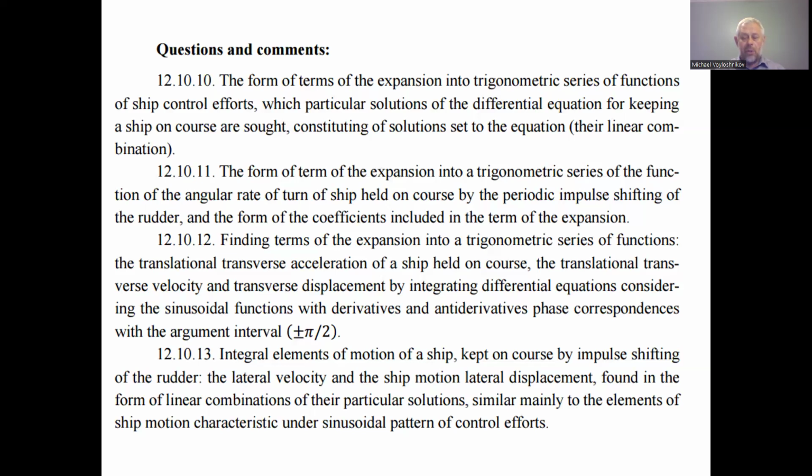As in article 12.9, when the control actions were assigned as a sine or cosine function, or as in article 12.10, when the control actions were assigned as an impulse pattern, which we substitute by a sine and cosine expansion in a trigonometric Fourier series.